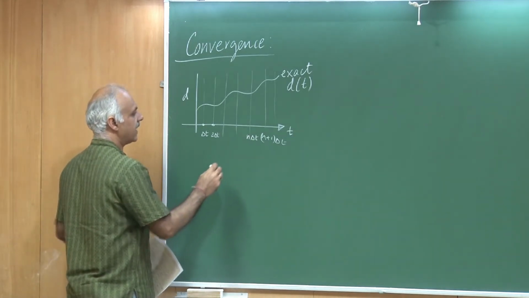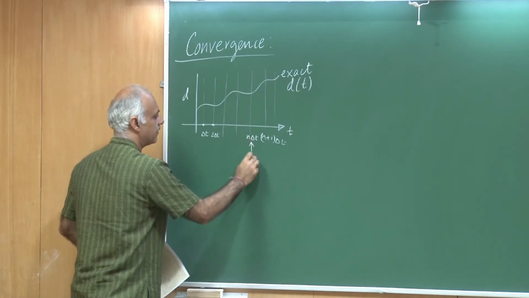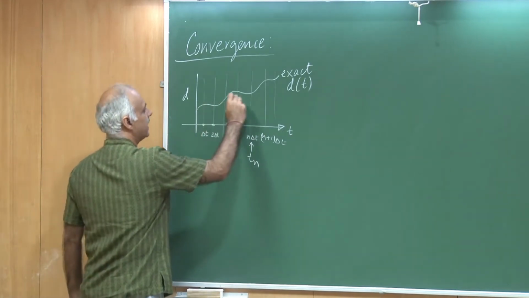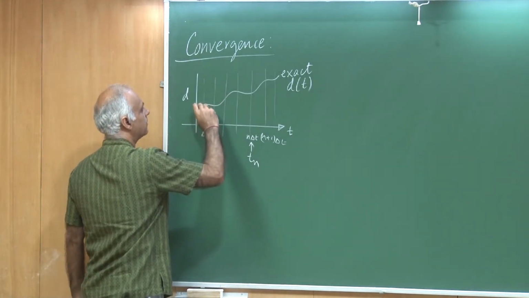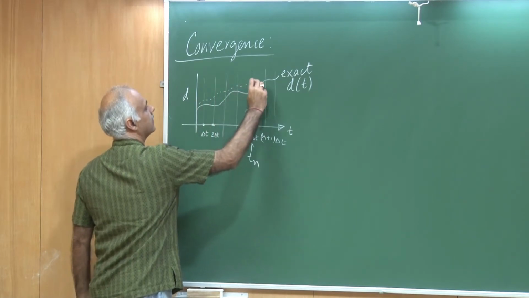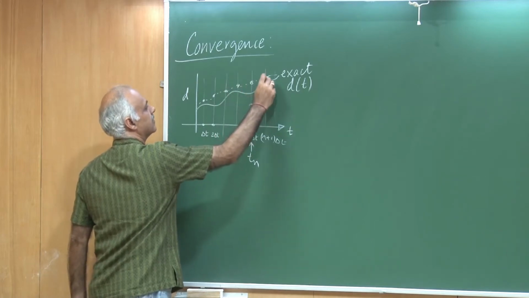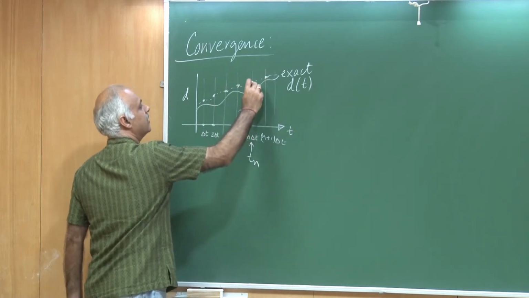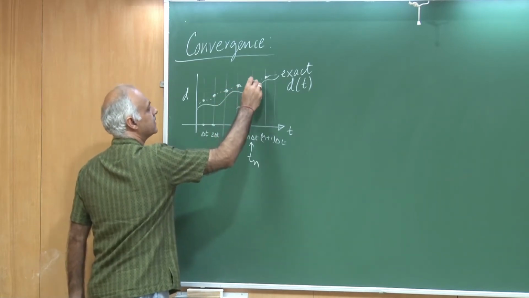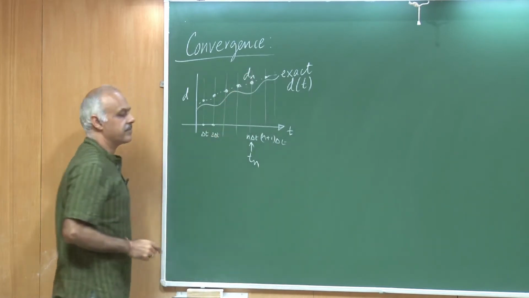What I would like is that if I fix my time level, let us say this is time level t n. This is my exact solution and perhaps I would get some solution which is my discrete solution. So, I only have solution at these time steps. Let me call this value d at n.